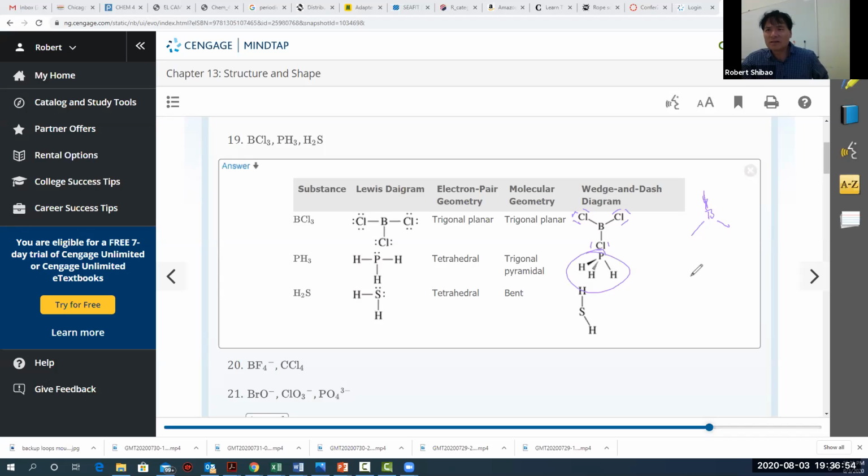The same thing with this, always draw it the same way. So put 2 in the plane, then 1 sticking out like this, 1 sticking in like that. Don't flip these. Your book flipped these. Sometimes they'll draw it like this, sometimes like that. Draw it the same way.